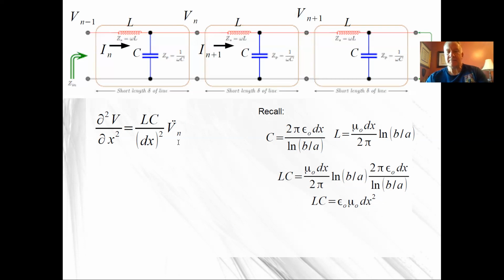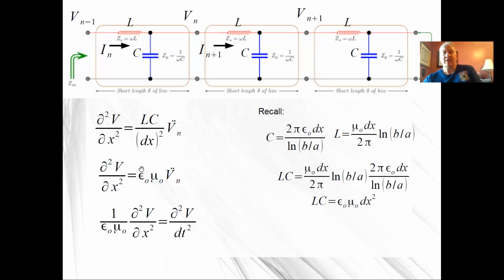So I'm going to plug that in. LC over dx squared just becomes epsilon naught mu naught. So what I end up with is 1 over epsilon naught mu naught times the second partial derivative of V with respect to x is equal to the second partial derivative of V with respect to t.